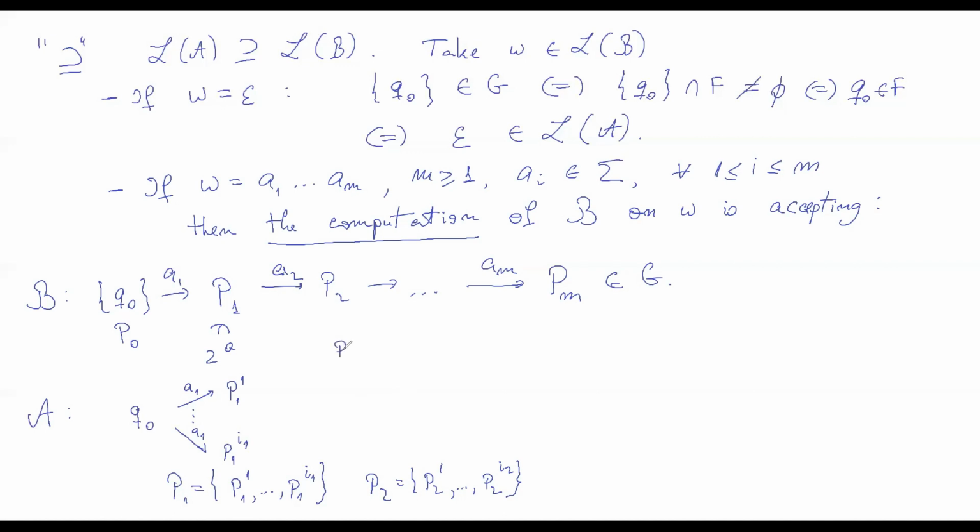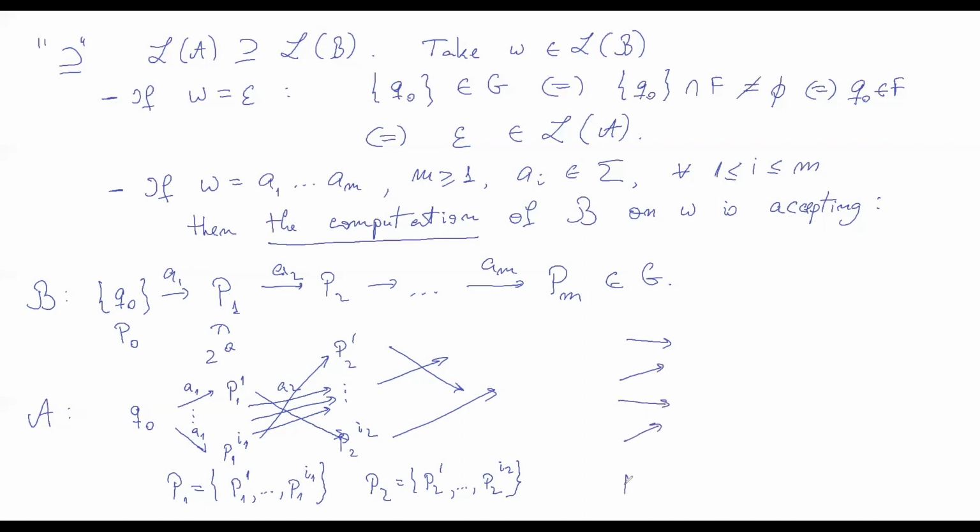So I will have here P2,1 and all the way to P2,I2. And maybe this is reached from this one with a2, and maybe this is reached from this one. But all of them are going to be reached from one of these states in automaton A. And so I continue all the way, the point being that I'm just expanding this tree of computations in A, and eventually I get to this state Pm.